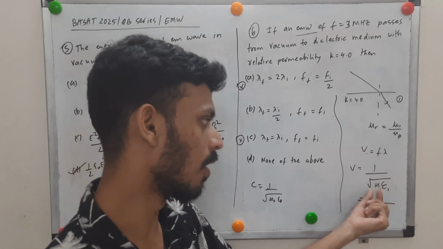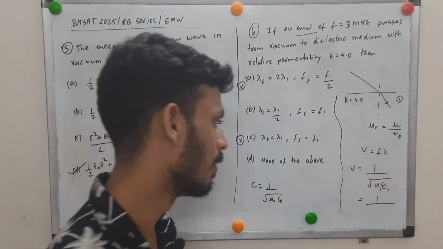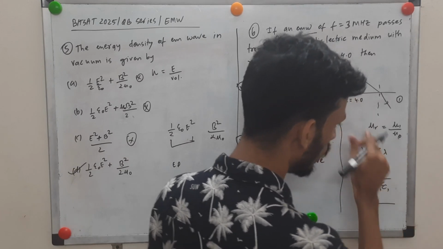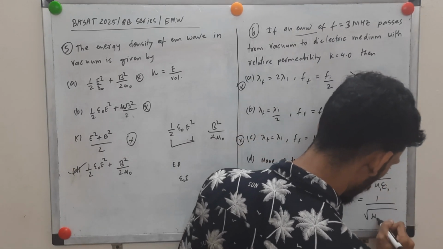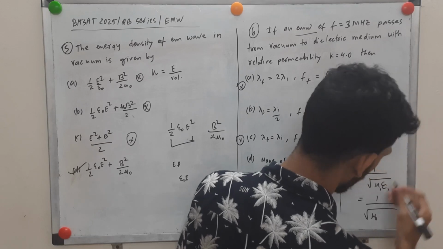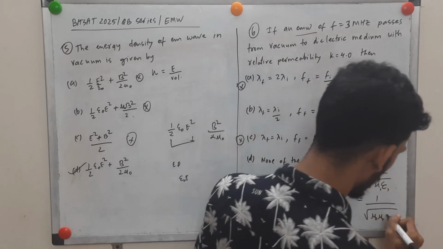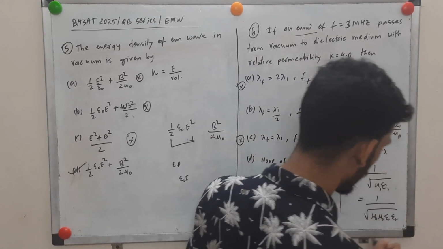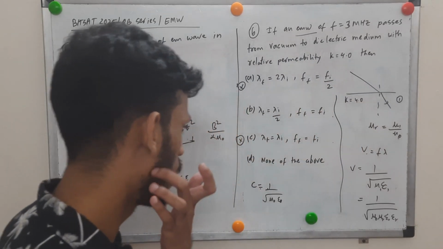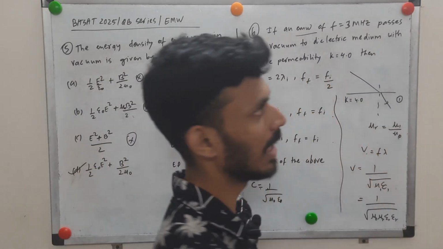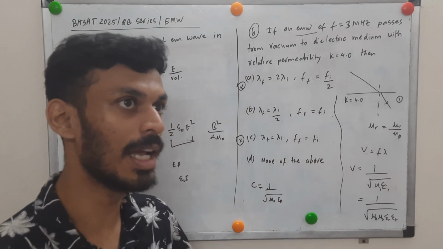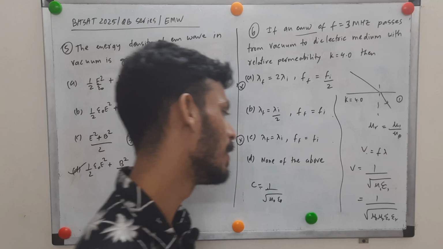So it is mu 1 of that medium, epsilon 1 of that medium, right? So how is mu 1 given? Mu naught times mu r, right? And mu r we are given, it is 4, and here also epsilon naught times epsilon r. So same. Epsilon r will also be relative, right? Epsilon naught multiplied by epsilon r, relative permittivity.